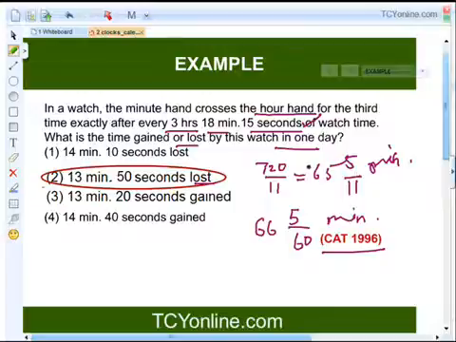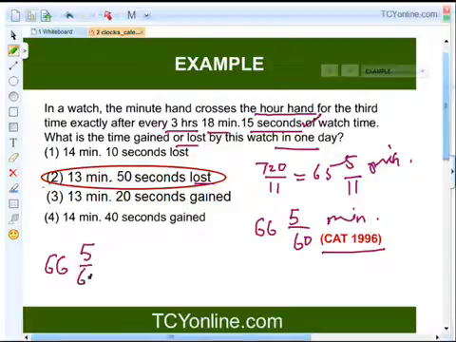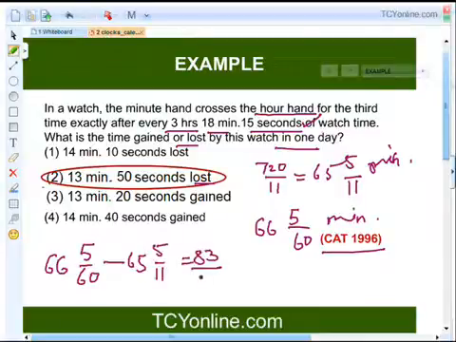So that means the watch loses time. Now how much time did it lose? It is going to be 66 5/60 minus 65 5/11. That makes 83/132 minutes in 65 5/11 minutes of correct time.